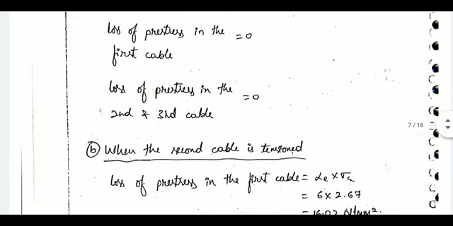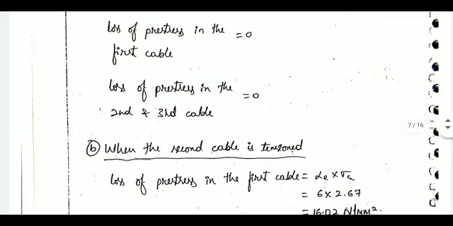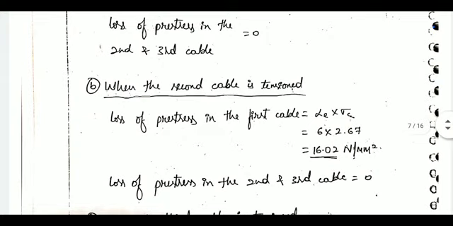Next, when the second cable is tensioned, here the important thing you need to remember: when you have stretched the second cable, first you need to fix the first cable to which we have applied the tensile stress, then you come to the second cable. So while fixing, a certain amount of prestress will be lost.